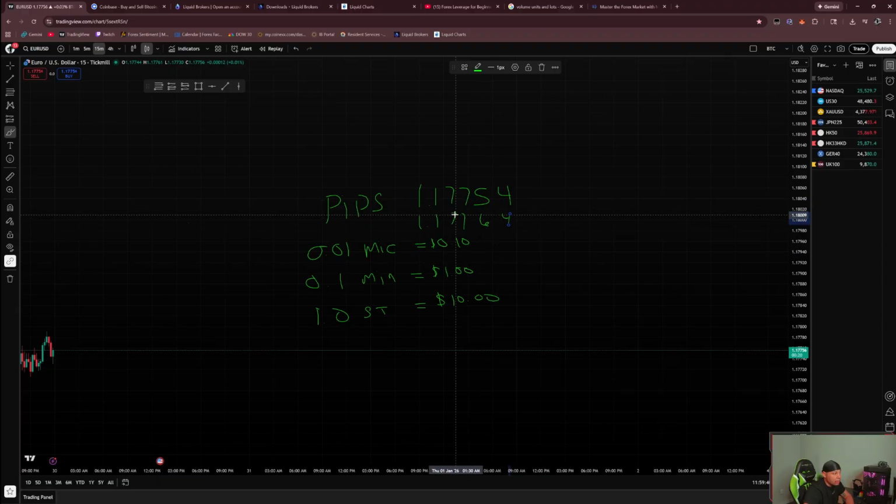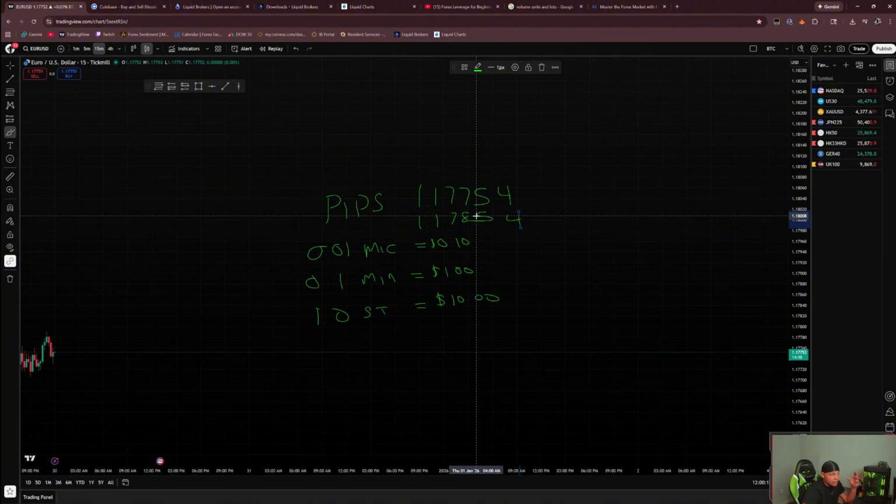And let's say for example we went up to 1.1785, we went up a 10 pip move. These are technically micro pips, but we don't count those. So here we went up 10 pips.